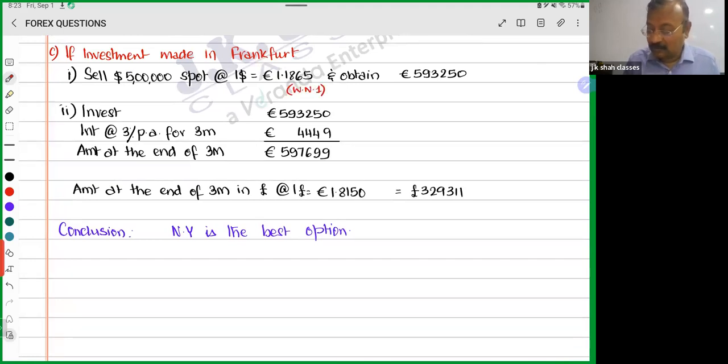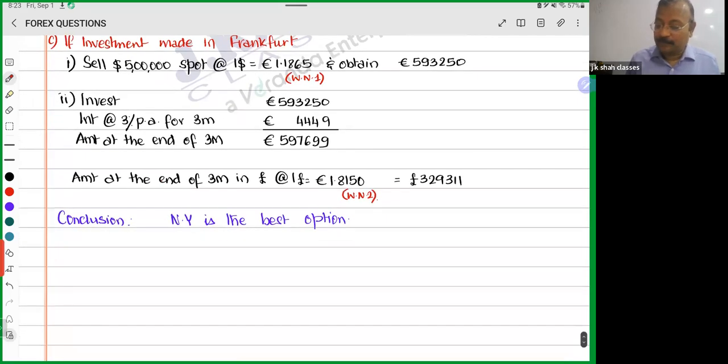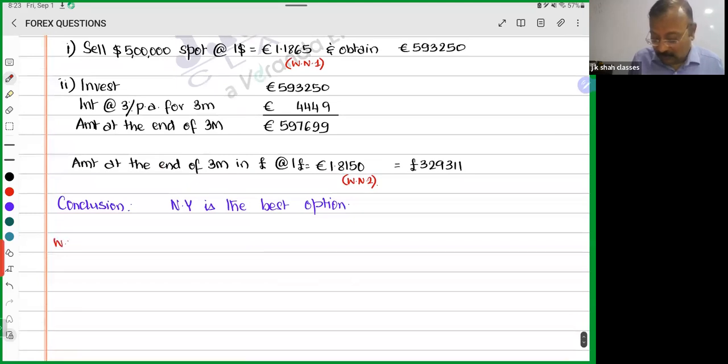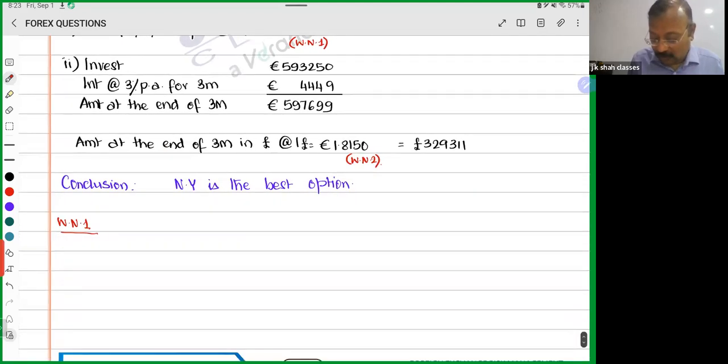वर्किंग नोट 1 and this is working note 2. Right? Now, working note 1, spot of what is the code?